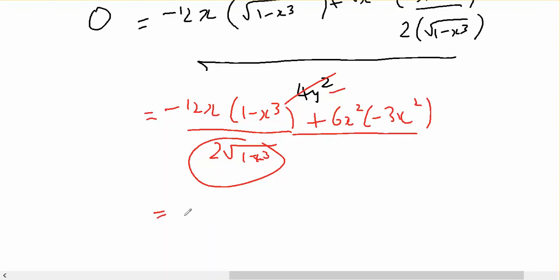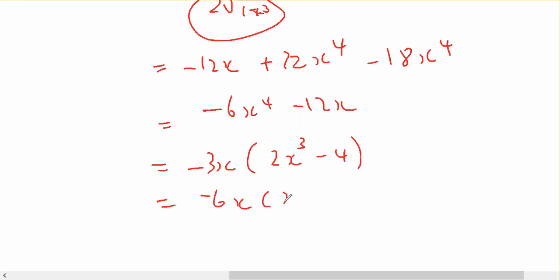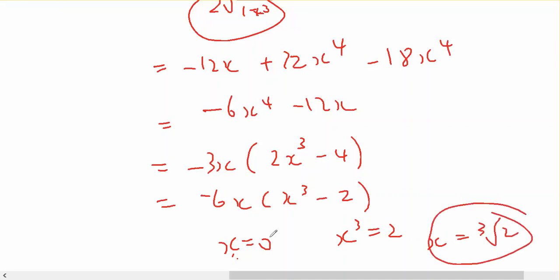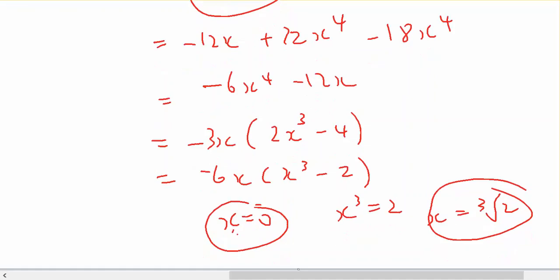So if I multiply this out, I got minus 12x plus minus 6x, x cubed minus 2, which means x equals 0 or x cubed equals 2, which means that x equals the cubic root of 2. So there are 2 times that the second derivative is equal to 0.